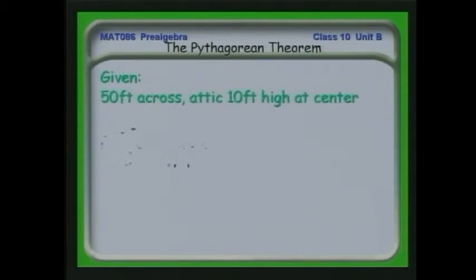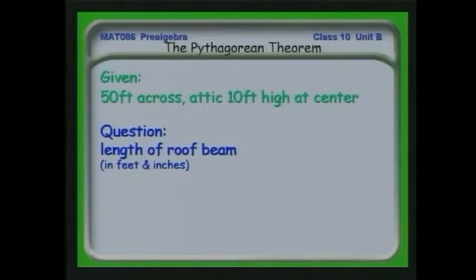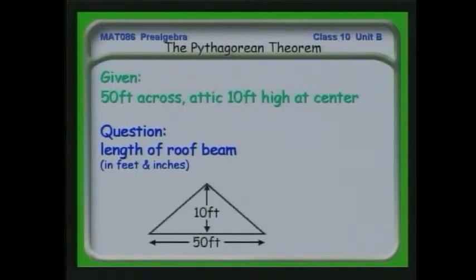Here's the summary of the information of what we're given and what's asked, and then here is a diagram that will help us to solve the problem. We see we have a symmetric situation here. The house is 50 feet across, and actually what we can do is say we have a right angle if we go halfway.